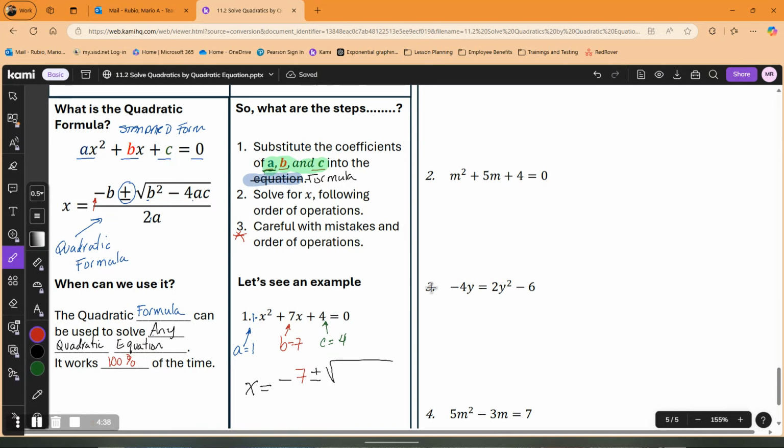So I'm going to do 7 in parentheses squared, because that's part of the formula, minus 4, also part of the formula, times a which is 1, and c which is 4. Then I'm going to divide all of this by 2 times a, which we said was 1.